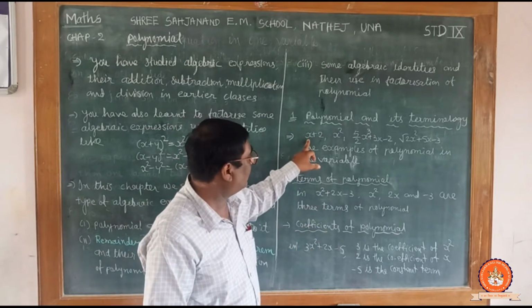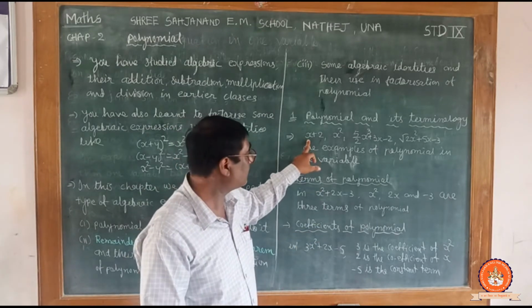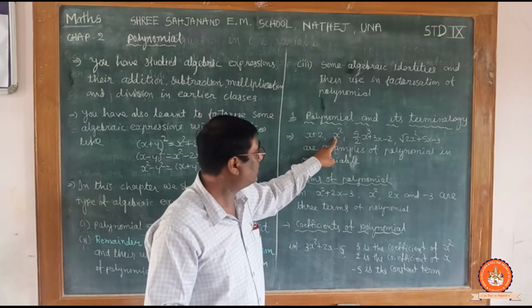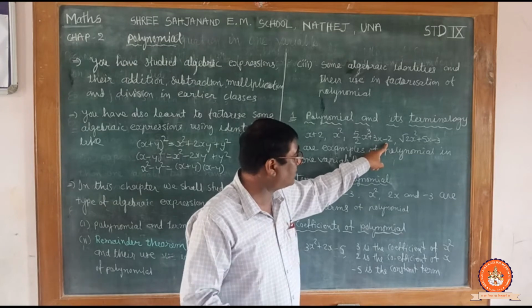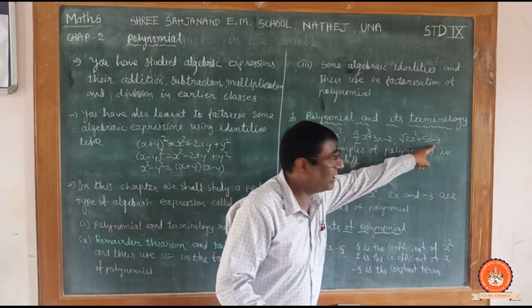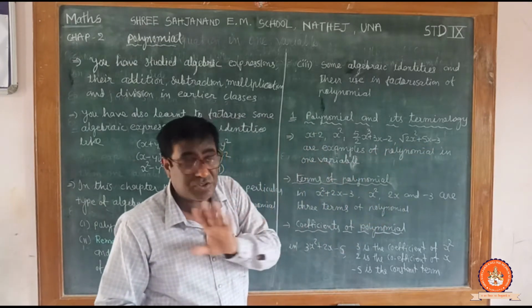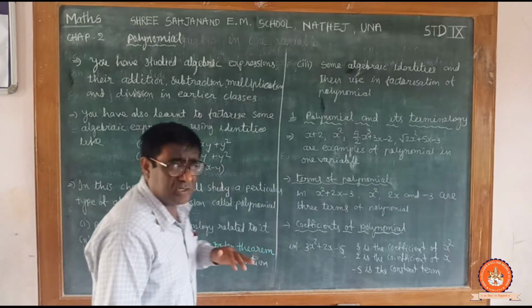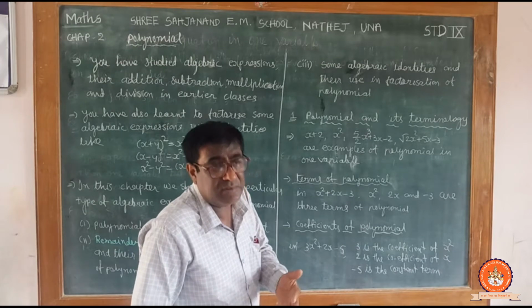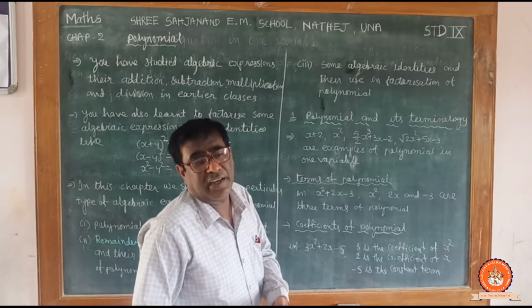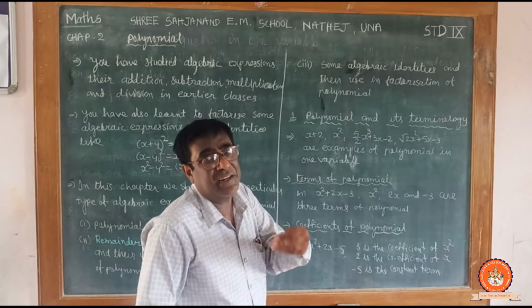This polynomial has two terms, this one has only one term, this polynomial has three terms, and these polynomials also have three terms. So there can be one term, two terms, three terms, four terms, or infinitely many terms.